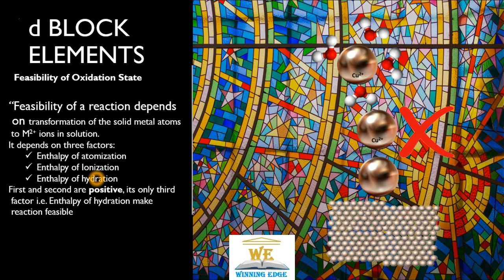This process provides the energy to compensate for the first 2 steps. And what happens in case this energy is not sufficient? The reaction is not feasible, like for copper. If you put copper directly in water, it will not be converted into copper 2+ ions because the hydration energy is low. That energy is not able to compensate for its atomization and ionization.